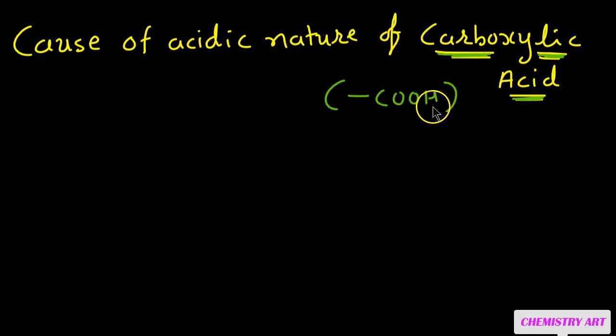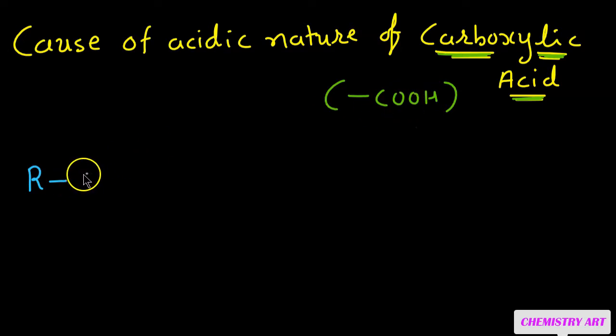So students, here you should know what the basic structure of this COOH is, meaning which atoms are bonded together. Here I am going to show you the normal common structure of the carboxylic acid, where R means any alkyl group with which the COOH is attached.